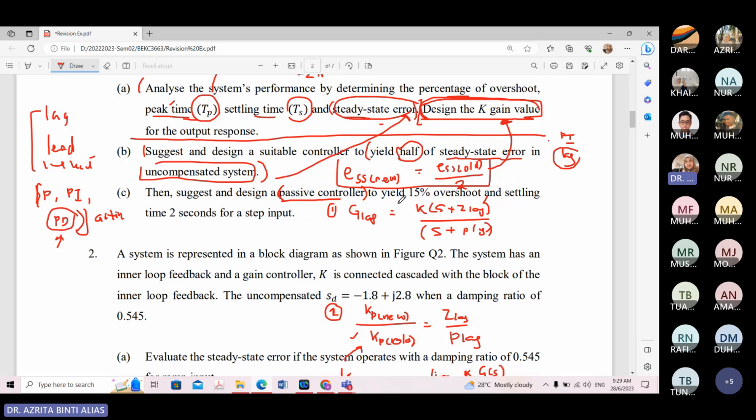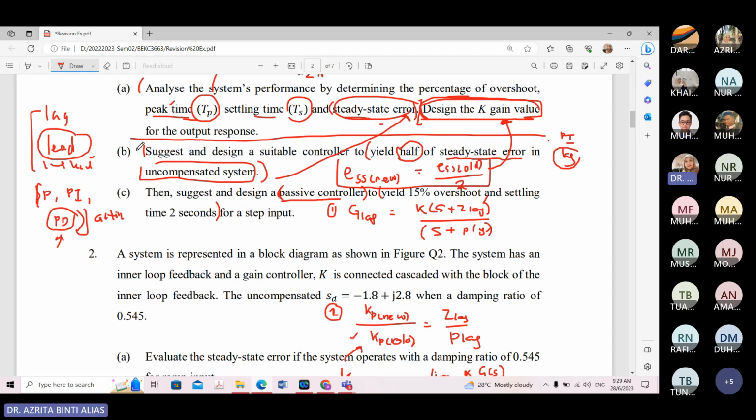Next, we look at the objective. As your friend mentioned, the objective here is to improve the transient response, because it mentions the settling time and the percentage of overshoot. So, not the steady state error. That means the most suitable controller for this question is the lead.